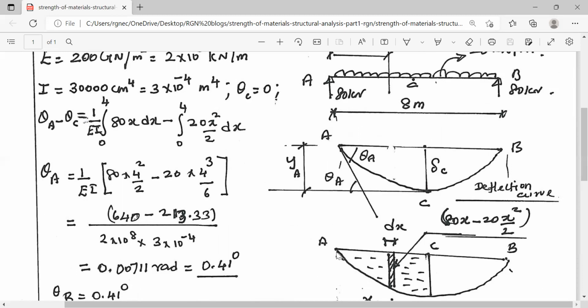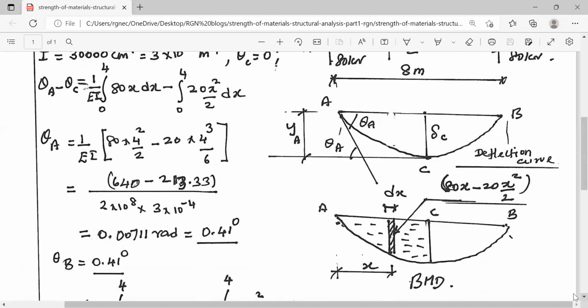Here we know the area of the bending moment diagram by means of the parabolic property also. The parabolic bending moment diagram's area is equal to 2/3 of the enclosed rectangle, and its center of gravity is at a distance of 5/8 measured from A. So instead of integration, we can also directly put the area for the calculation of slope, and we can also directly put the area and the CG distance for calculation of the deflection.